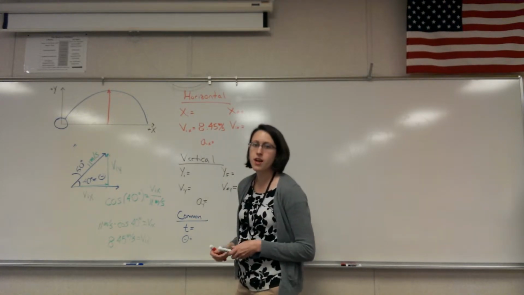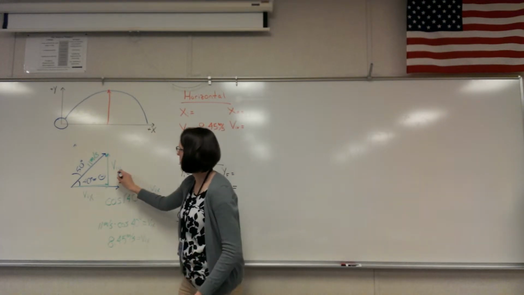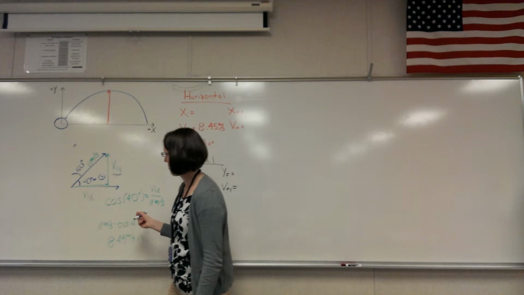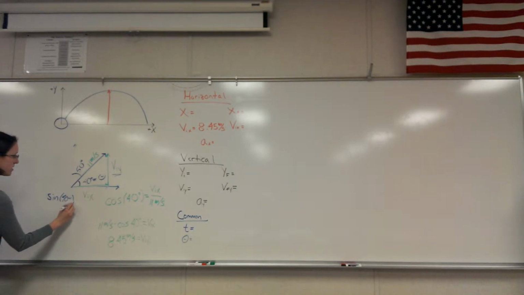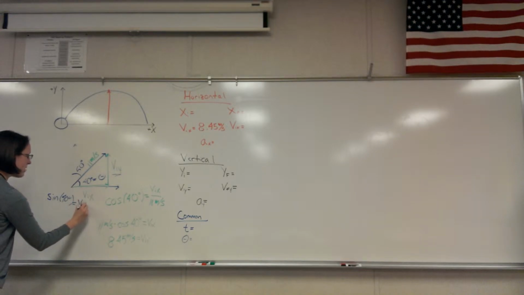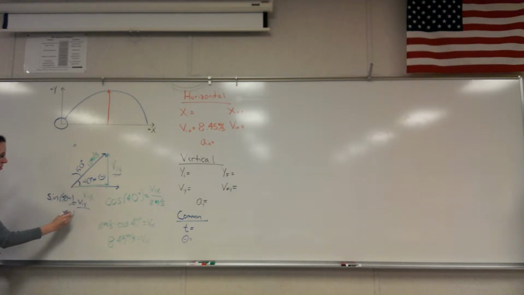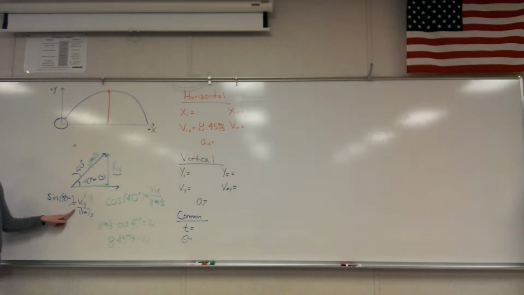Now let's find our initial velocity in the vertical direction. For this one, we can use sine. So sine of our angle, 40 degrees, is going to equal our opposite leg, which is velocity initial in the y direction, over our hypotenuse, which is 11 meters per second. Solving this for our initial velocity in the vertical direction, we get 11 meters per second times the sine of 40.